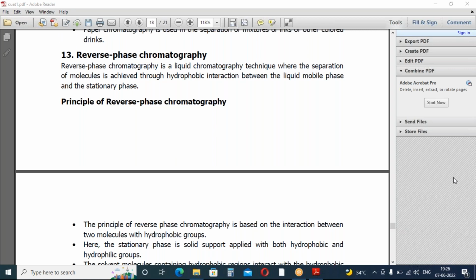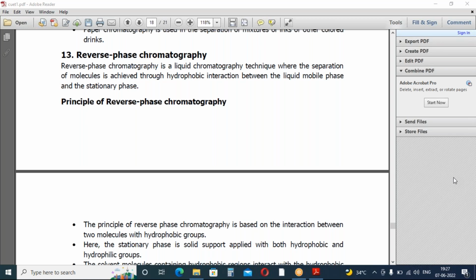reverse phase chromatography, and this is a type of liquid chromatography, mainly based on the hydrophobic interaction between the mobile phase and stationary phase. Reverse phase chromatography is a type of liquid chromatography technique, and mainly hydrophobic interactions are necessary for the separation of components present in the mixture.